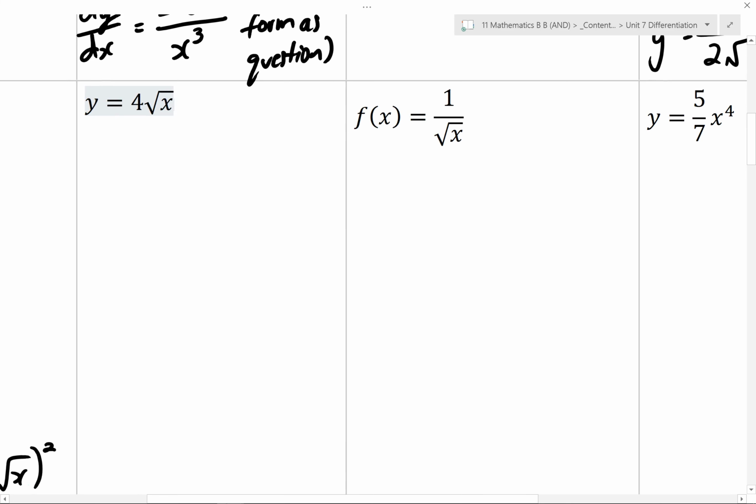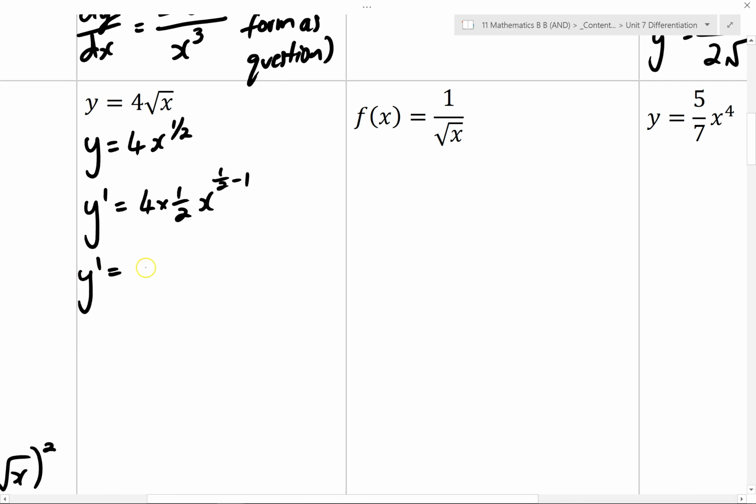Alright, so still some more square root ones, but we should be pretty happy with these by now. 4 times square root of x, that'll be 4 times x to the power of a half. And now I can differentiate: 4 times a half and reduce 1 from this power.